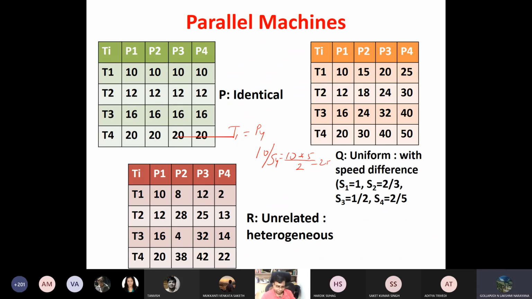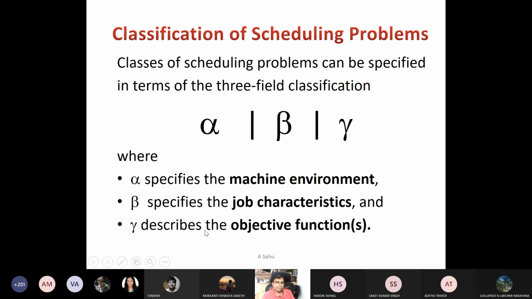And R, unrelated, means completely heterogeneous. Which tasks will take how much time is completely unrelated. So the first one is identical, the second is related with speed, and the third is unrelated.